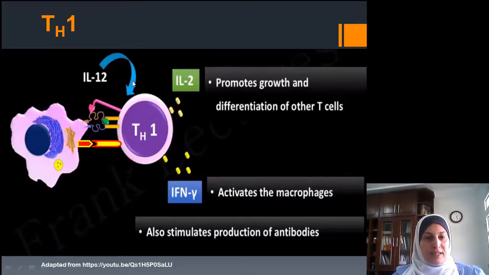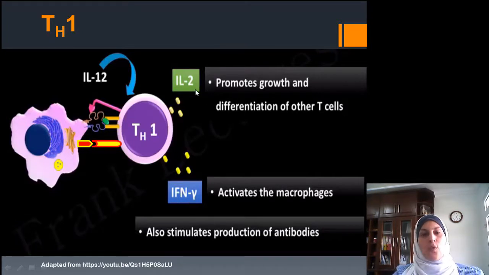So the third signal here is interleukin 12. If the antigen-presenting cell has produced interleukin 12, this would complete the differentiation of the CD4 T cell into a T helper 1. The T helper 1 would produce interleukin 2 and interferon gamma.